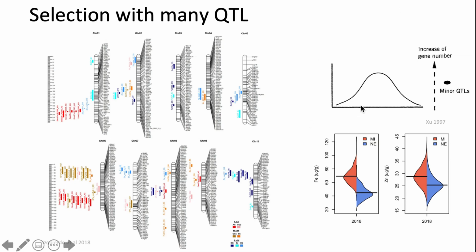So the environmental component has a strong influence on the phenotype as well. That is another reason why you can find some QTLs in some populations, but different locations for the same traits in other populations. So it's complex to work with this kind of trait.